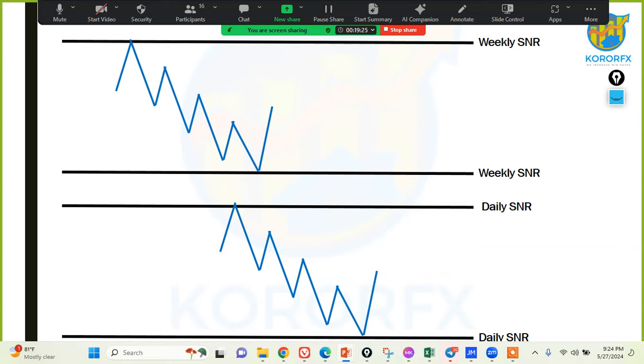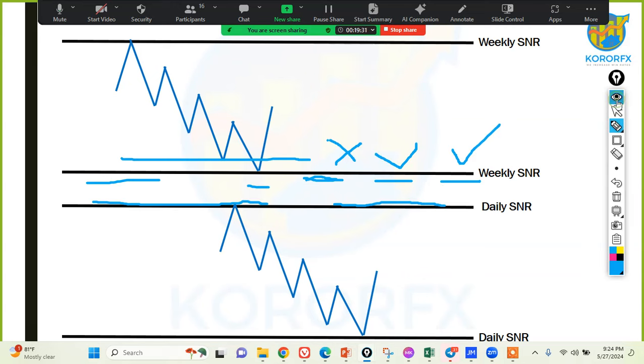So for example, what do I mean by weekly, daily? I mean the SNR levels. You will not exactly get what I mean if you don't know the SNR levels. There is a chapter that we call SNR levels.